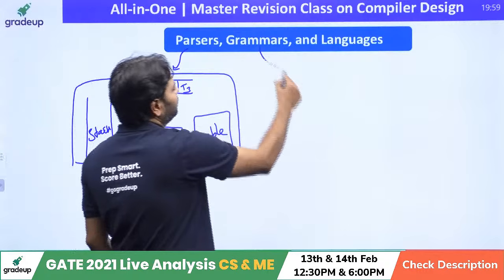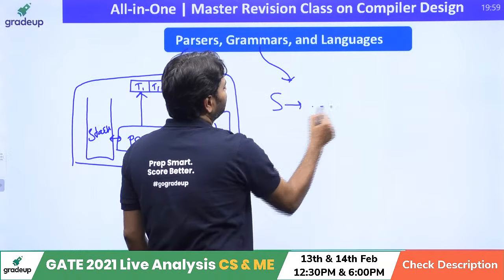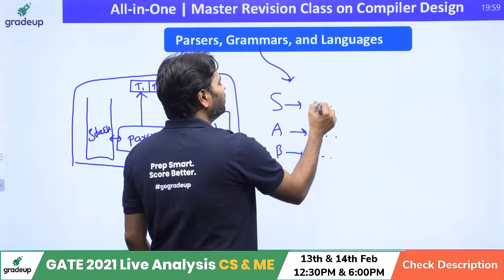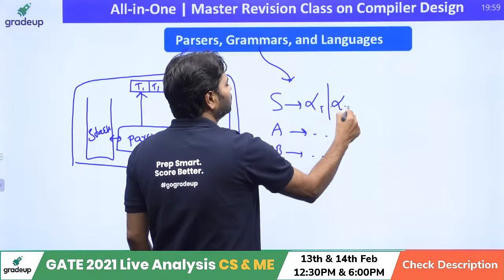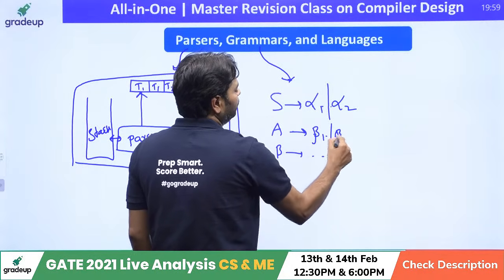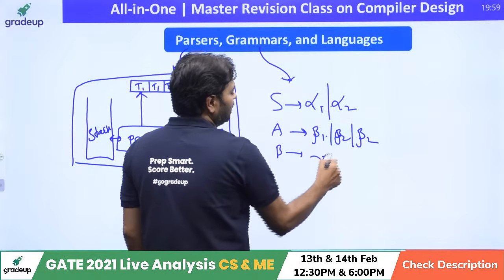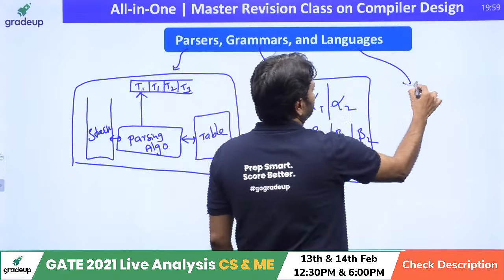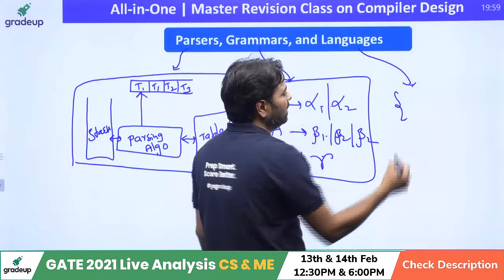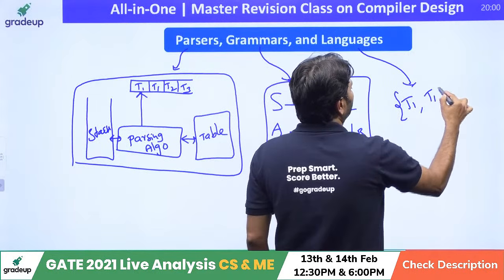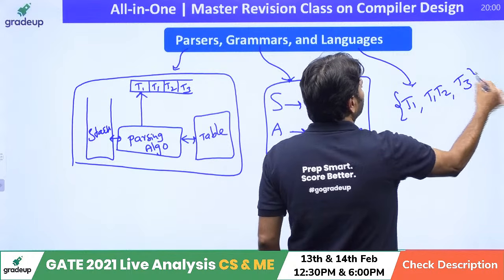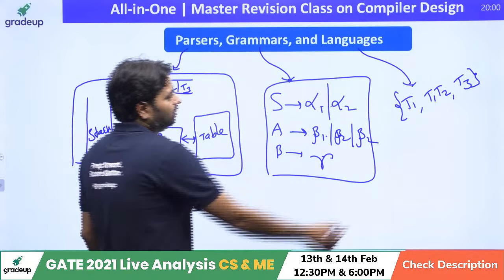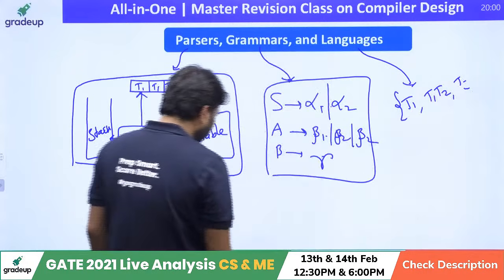Grammar is just a set of productions like alpha 1, alpha 2, beta 1, beta 2, beta 3, or gamma. And language is a set of tokens, I may write T1 or T1 T2 or something like that. Understand the concept. All three are different.